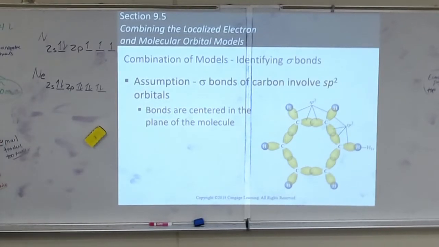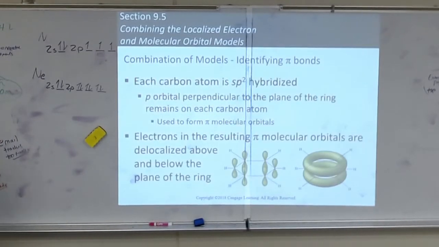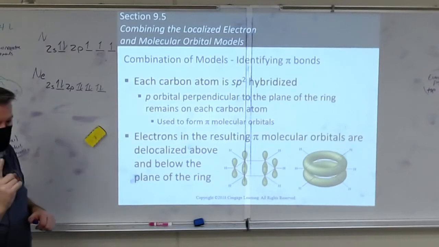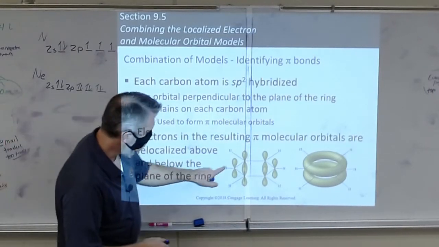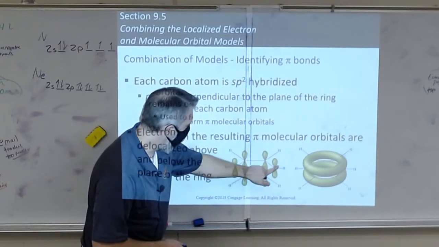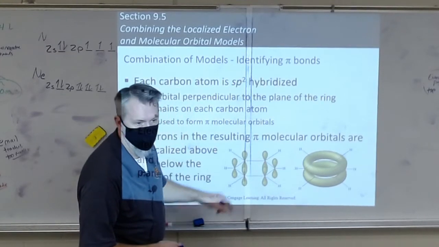Each of these carbons is sp2 hybridized, and you can see the P, right? The one that's not hybridized is perpendicular to the plane, and that's being used to double bond here, and double bond here, and double bond there.